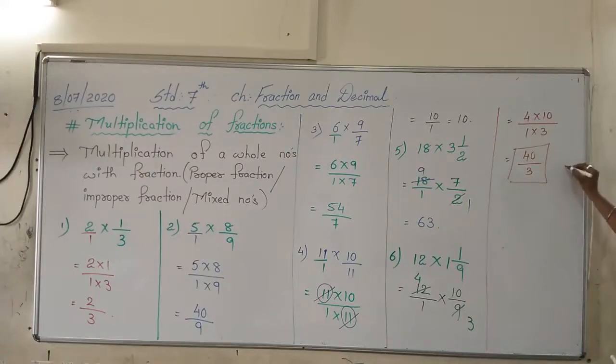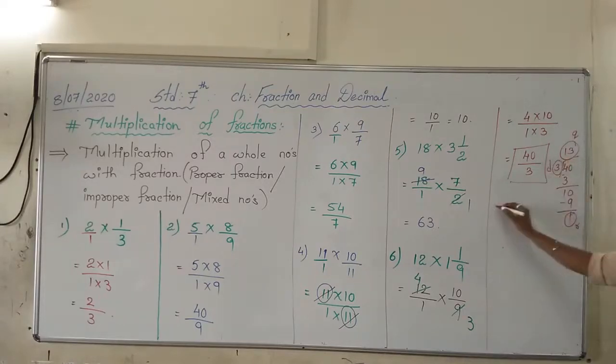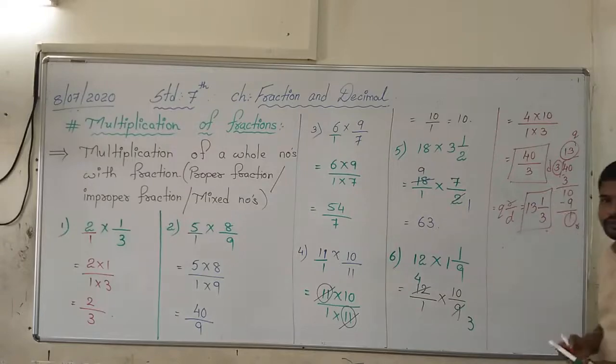So if you want, you can convert it into a mixed fraction. 3 ones are 3, how much remains? 0. 3 3s are 9, how much remains? 1. So that is the quotient Q, that is the remainder R, and this one is the divisor D. That is the Q R upon D form. What is Q over here? 13. What is R? 1 upon, what is D? 3. So this is the final answer.